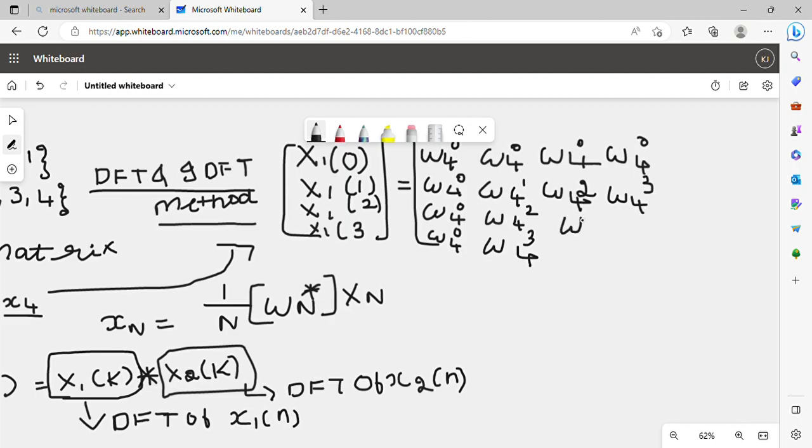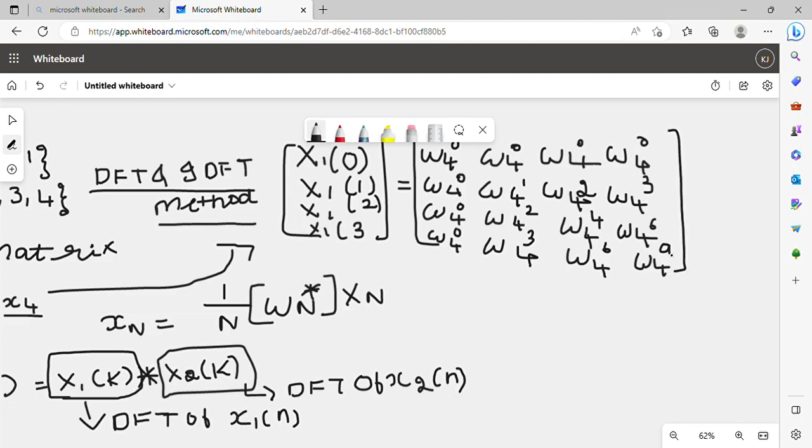It is omega 4 to the power of 2, omega 4 to the power of 3. This is omega 4 to the power of, just a minute, my 4 is going to be omega 4 to the power of 4, and omega 4 to the power of 6, and omega 4 to the power of 6 once again since 3 2s are 6, and omega 4 to the power of 9, right? So this is your matrix.